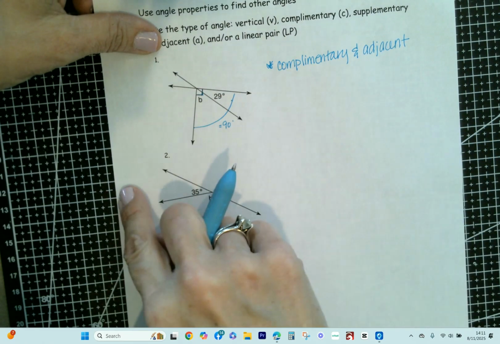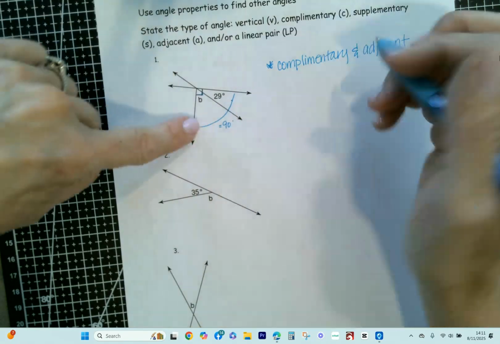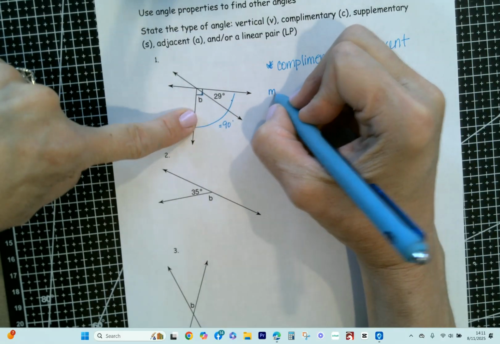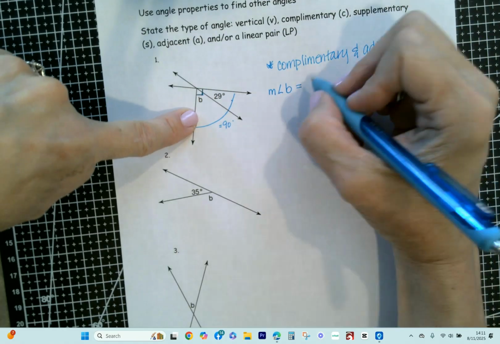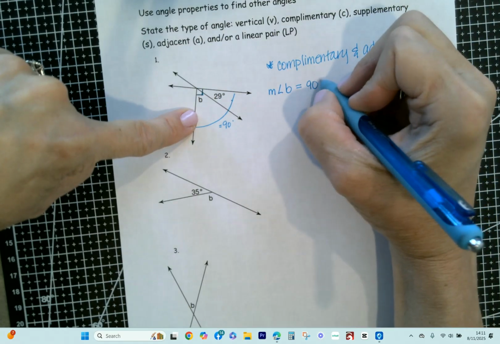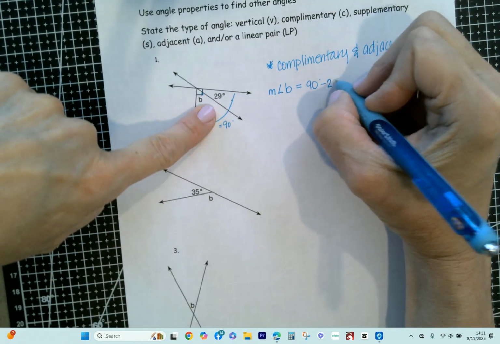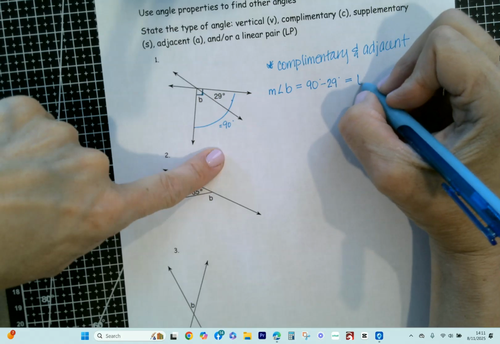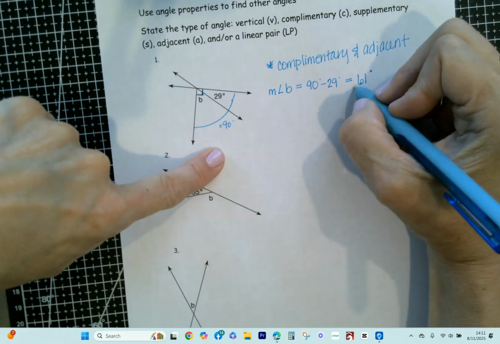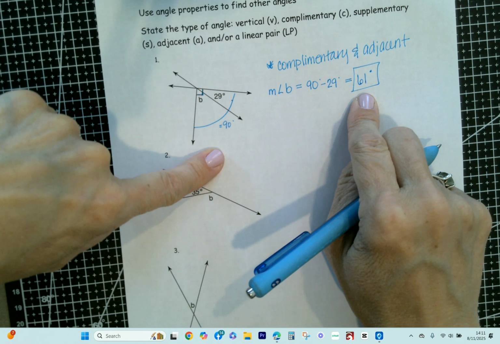Now let's talk about the math behind it. To get the measure of angle B, I take my 90 degrees and subtract 29 degrees, which leaves me with 61 degrees. So the measure of angle B is 61 degrees.